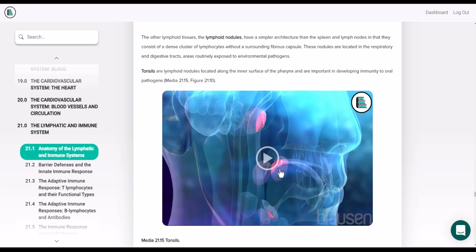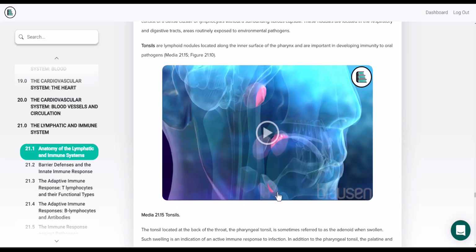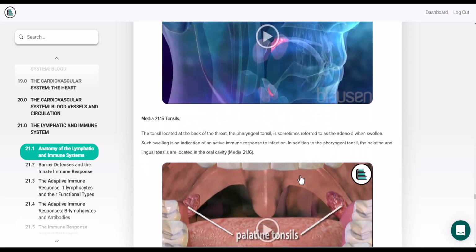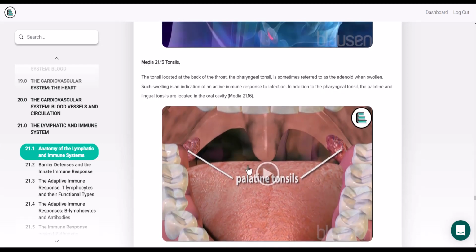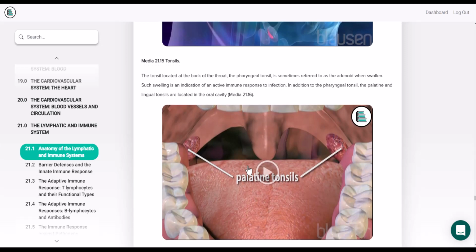They're found essentially along your soft palate. And then there are also some lingual tonsils, associated with the back of the tongue. But when you hear about tonsils, what you're normally referring to are the Palatine tonsils. If a child has their tonsils removed, it is almost always these Palatine tonsils.